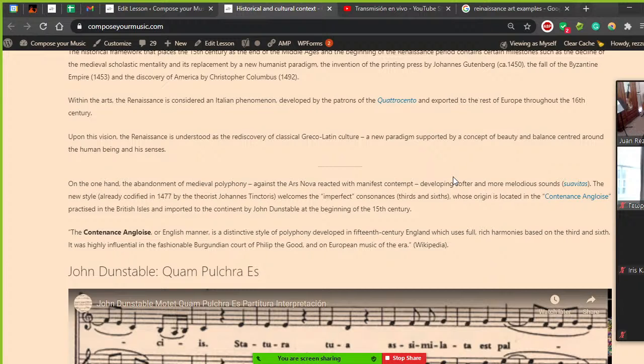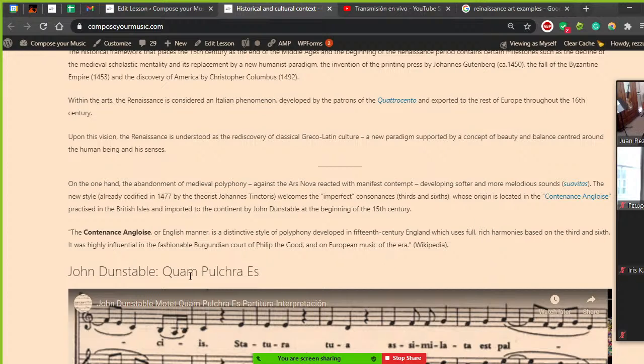The new style, already codified in 1477 by the theorist Johannes Tinctoris, welcomes the imperfect consonances, thirds and sixths, whose origin is located in the contenance angloise, practiced in the British Isles and imported to the continent by John Dunstable at the beginning of the 15th century, through France, actually.